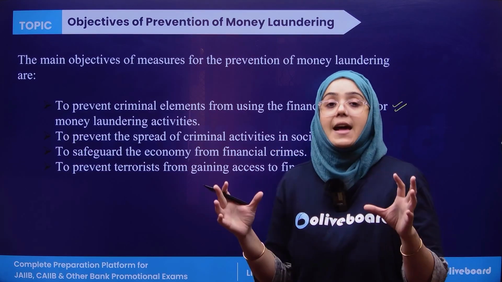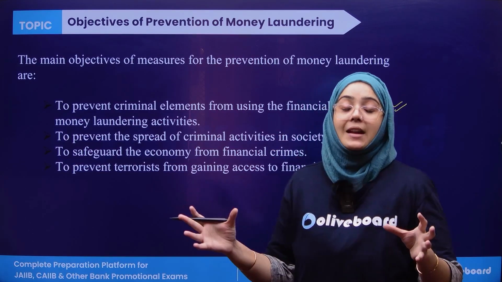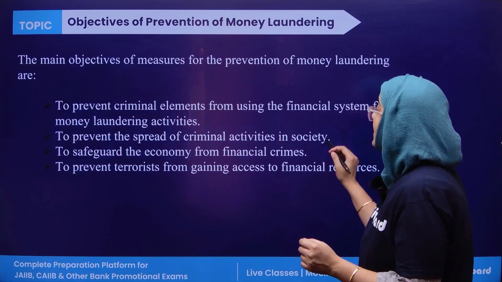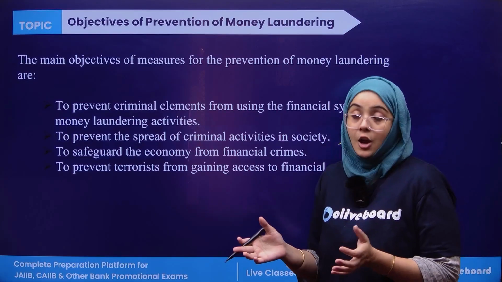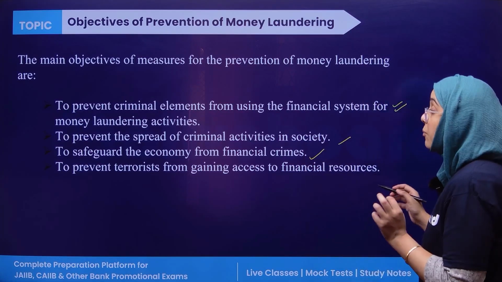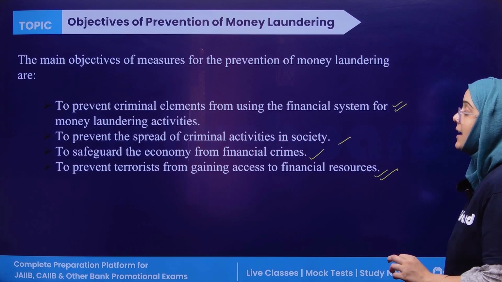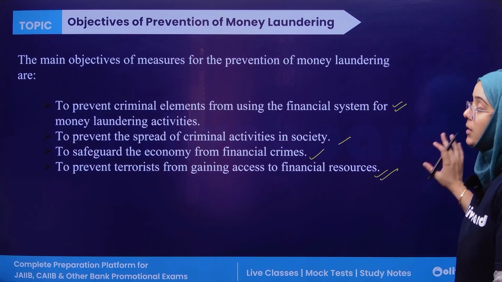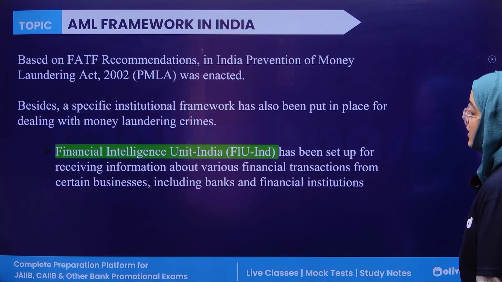So to avoid financial crimes and terrorism financing, money laundering needs to be stopped. To prevent criminal activities in society, to safeguard the economy from any type of financial crimes, and to prevent terrorists from gaining financial resources. So these are the objectives for the prevention of money laundering.